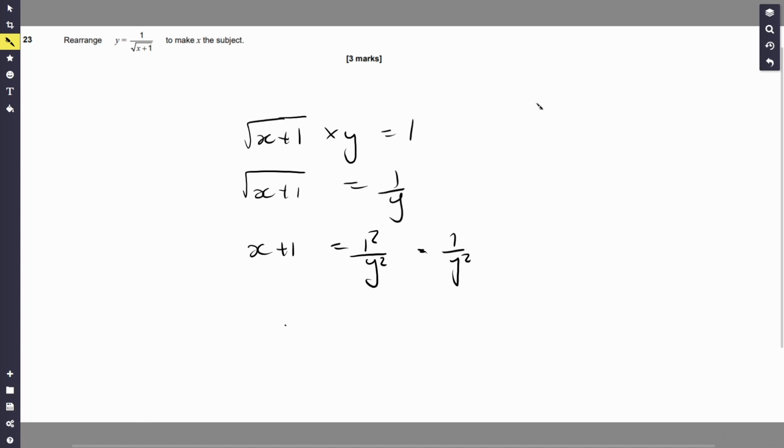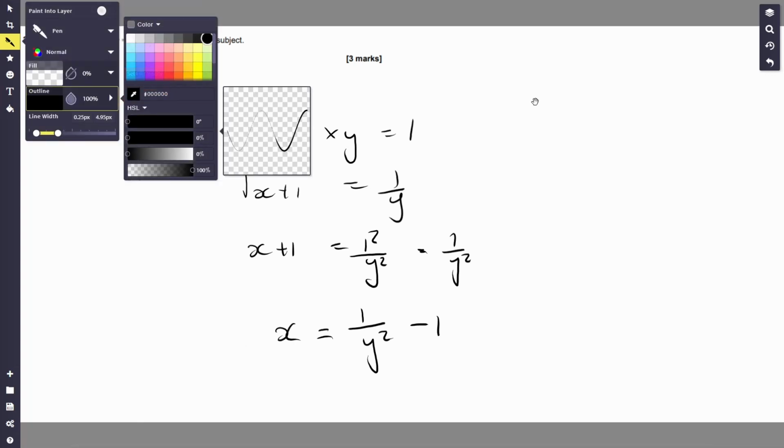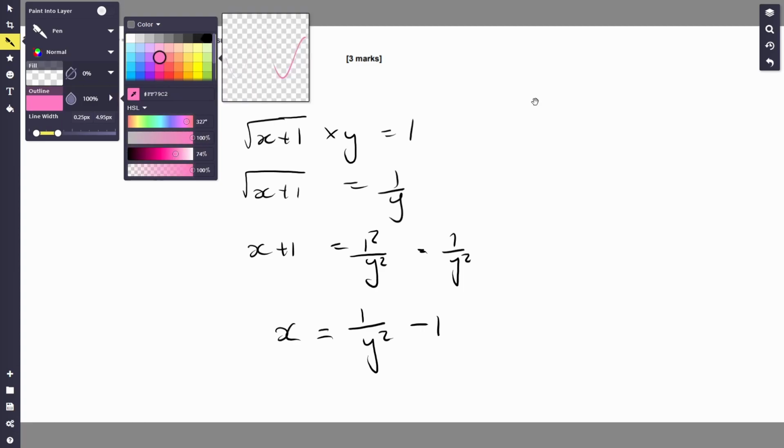And then finally, we'll make x the subject. We're going to minus 1 on both sides to make 1 over y squared minus 1. And there we go. That's that question done already. How quick was that? Let's do a pink box this time.